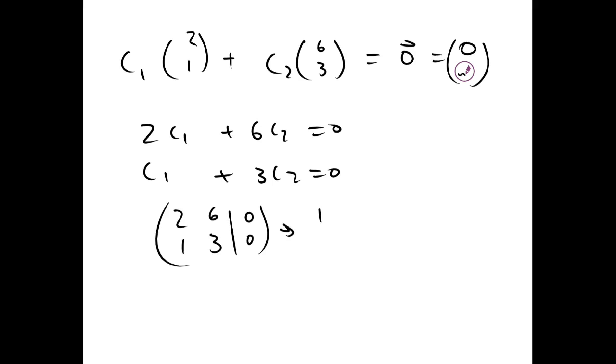And when we row reduce this, we can swap the first and second row, and then subtract the second row by 2 of the first.